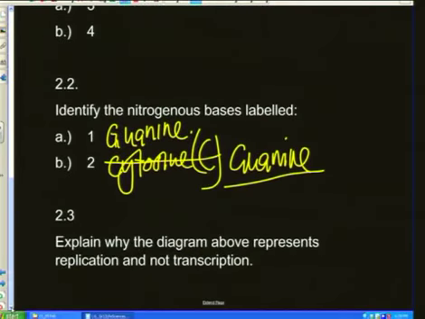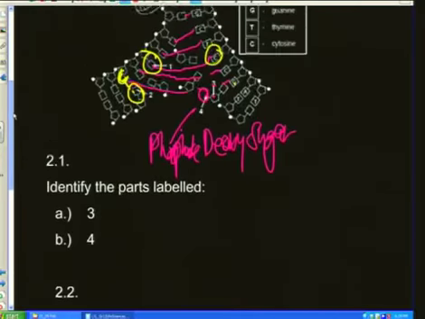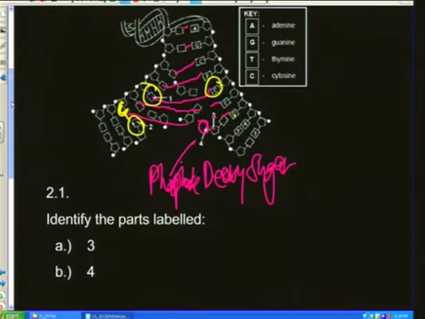Explain why the diagram above represents replication and not transcription. What is happening? What base are you getting here? Thymine.